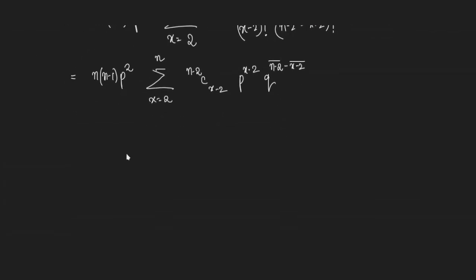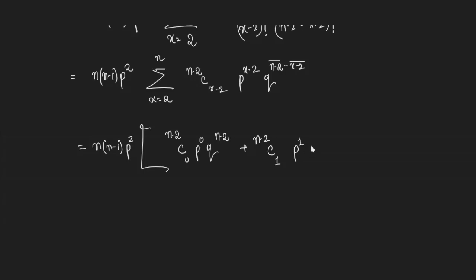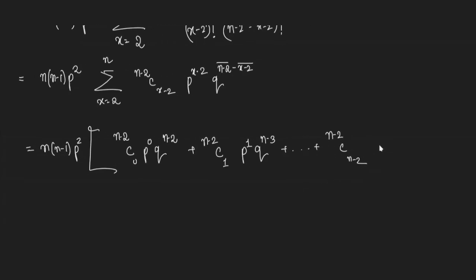Now we put in the values: you will get n minus 2 C 0 p to the power 0 q to the power n minus 2, plus n minus 2 C 1 p to the power 1 q to the power n minus 3, and the last is n minus 2 C n minus 2 p to the power n minus 2 q to the power 0.